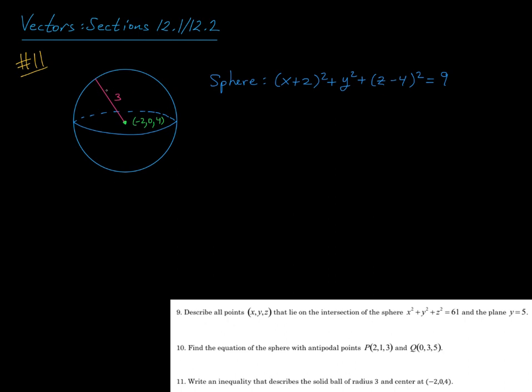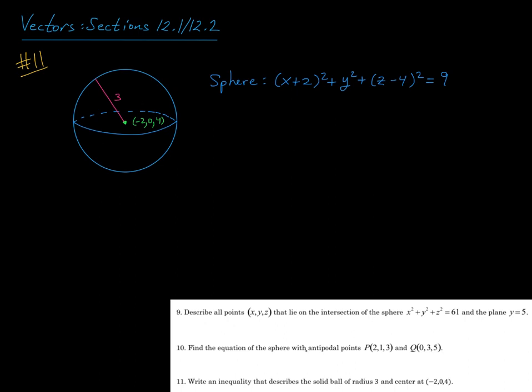Okay, well, first off, what's the equation of just the sphere of radius 3 with center at negative 2, 0, 4? Well, that would be x plus 2 quantity squared plus y squared plus z minus 4 quantity squared, and that's going to equal the square of the radius, so that's going to give us a 9 on the right side. So that describes all points on the sphere.